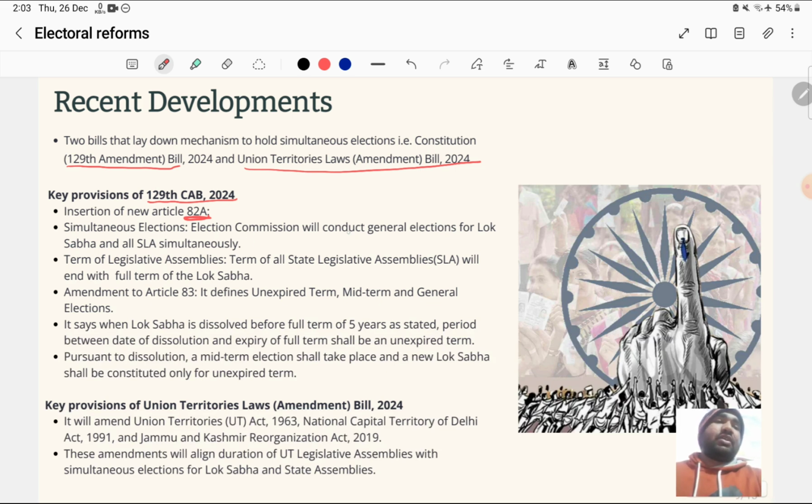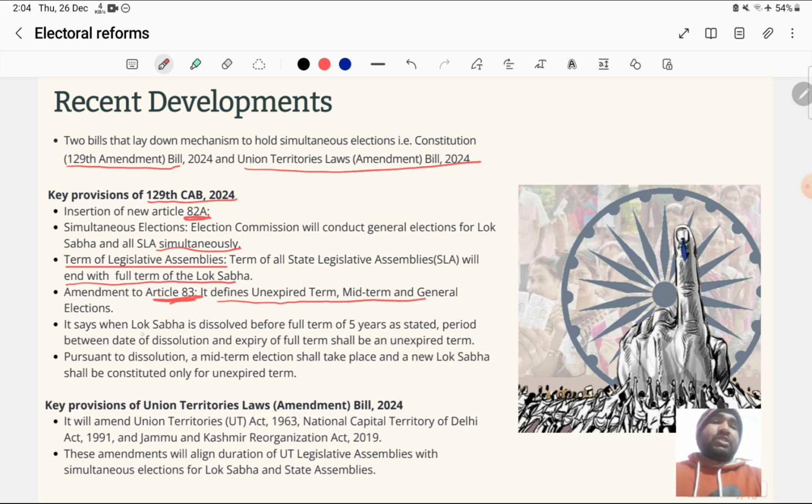The Election Commission will conduct general elections for Lok Sabha and all state legislative assemblies simultaneously. It also prescribes that the terms of the legislative assemblies will end with the full term of Lok Sabha. It also does amendment to Article 83, and certain changes were done in the definition of unexpired term, midterm, and general elections.